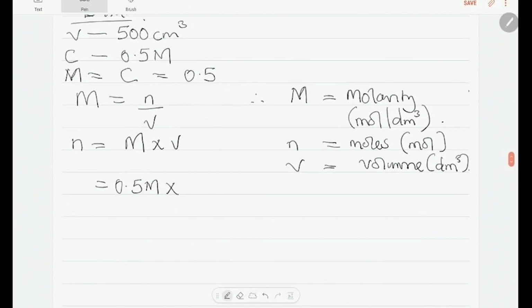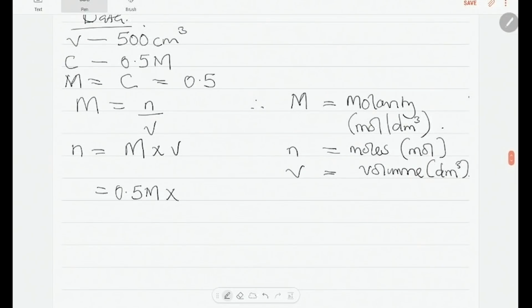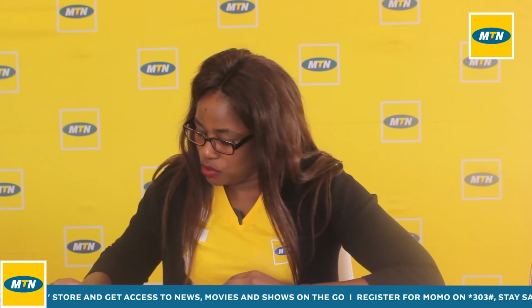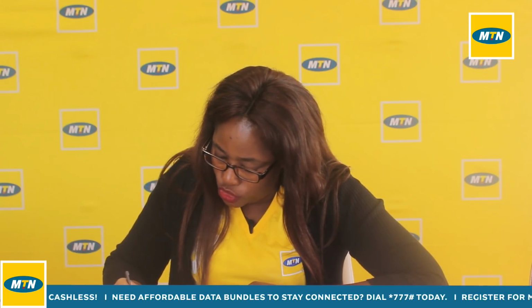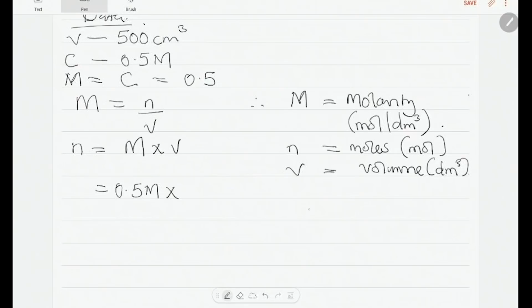It's supposed to be in decimeters cubed, and therefore we need to convert 500 centimeters cubed to decimeter cubed. So 1 decimeter cubed is equivalent to 1,000 centimeters cubed.